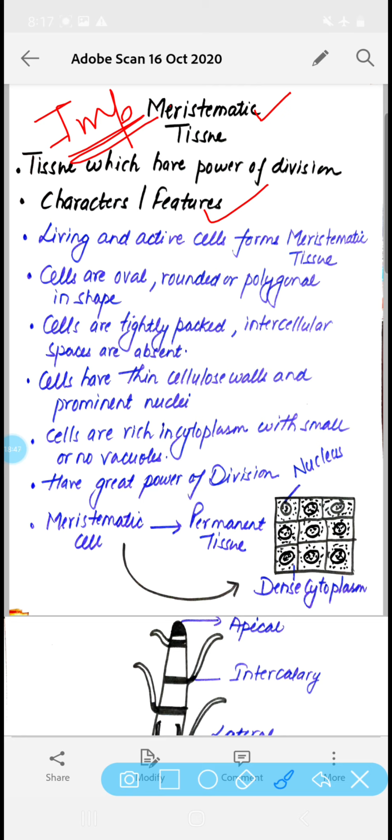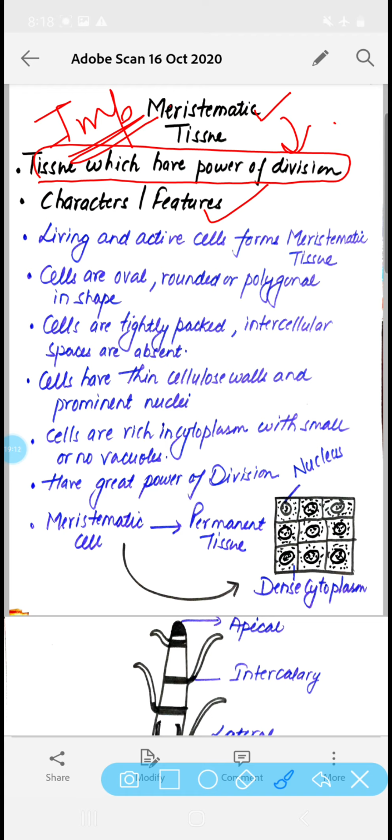Now what is meristematic tissue? The tissue which has power of division. ये वो टिश्यू है जिसके सेल्स के पास एक एबिलिटी है, एक पावर है, जिसमें वो अपने आप को क्या कर सकता है? डिवाइड कर सकता है. इज दैट क्लियर? सो दिस प्रॉपर्टी ऑफ डिवीजन, इट इज़ कॉल्ड एज द मेरिस्टेमेटिक टिश्यू.